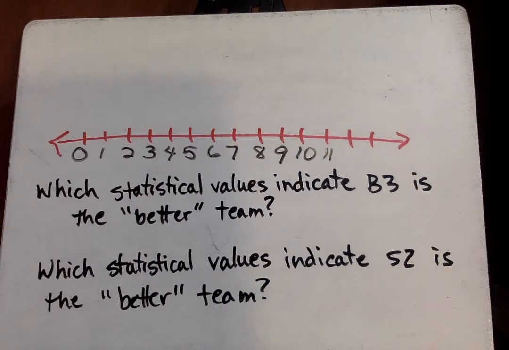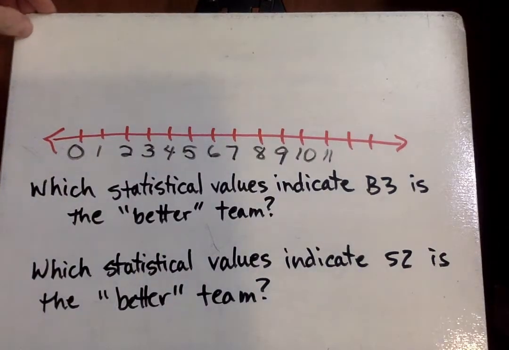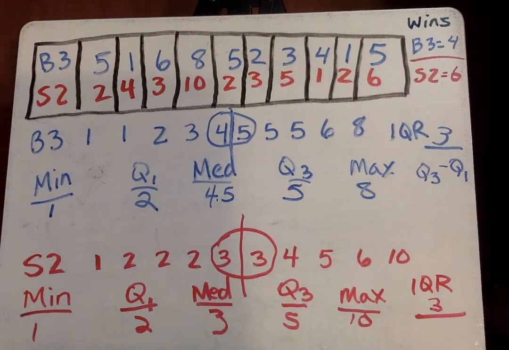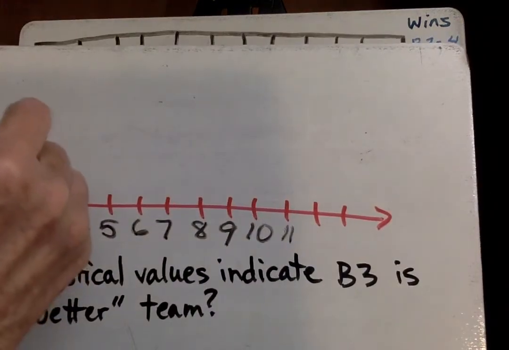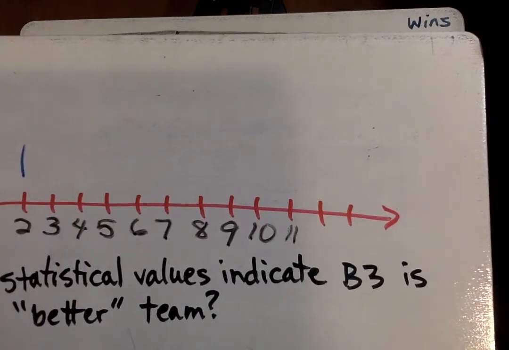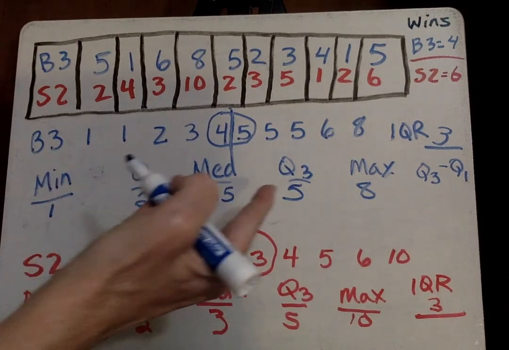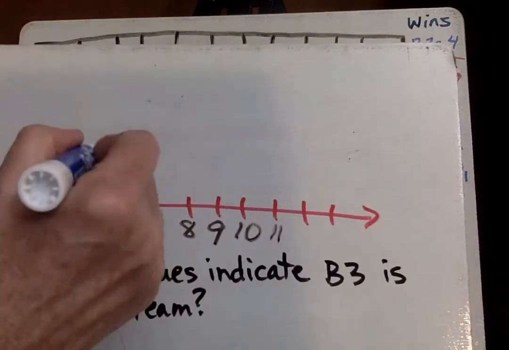Next, I'm going to go ahead and make my box plot for B3. So for B3, right here, we have all of our data. Actually, let's start with quartile 1. Quartile 1 is 2, and again, this is for B3. And then quartile 3 is 5.